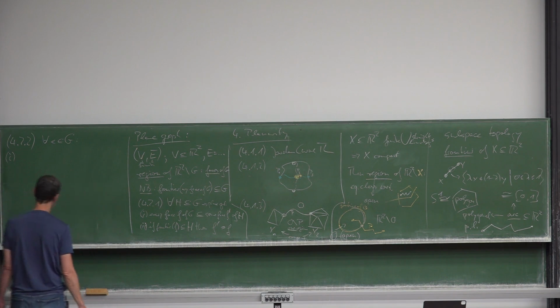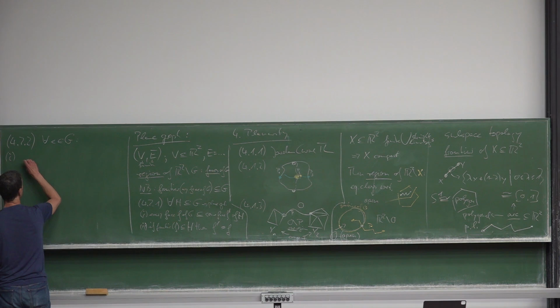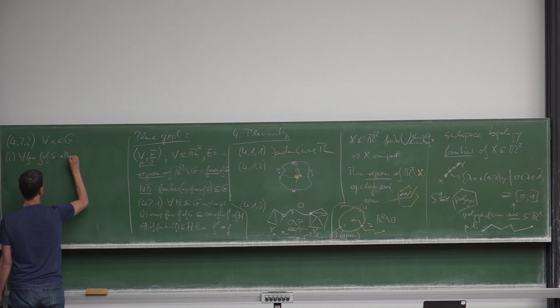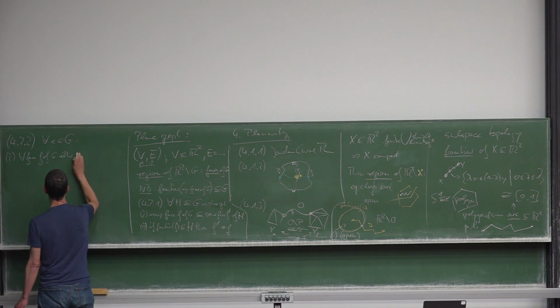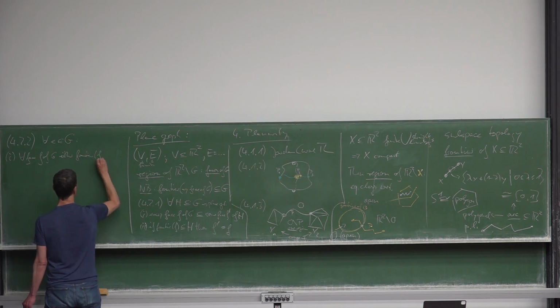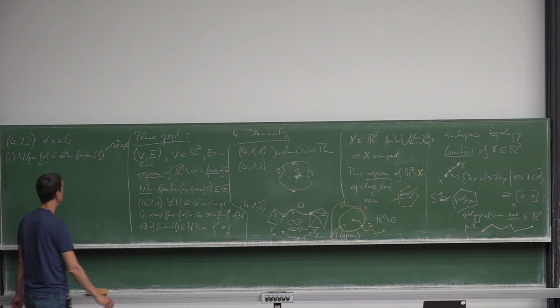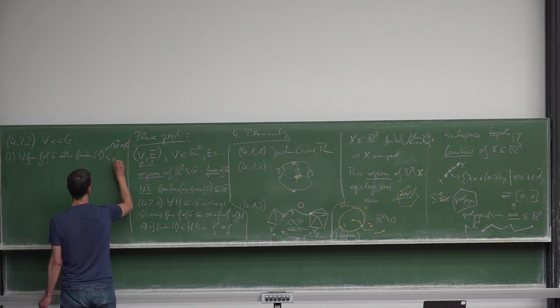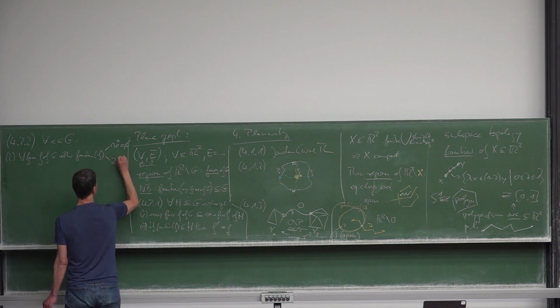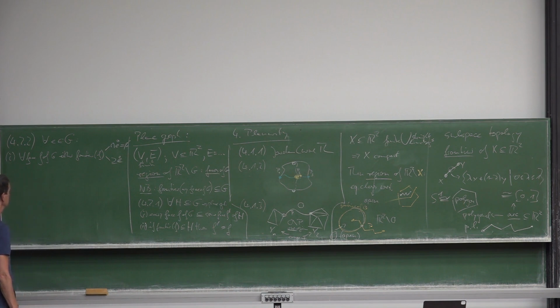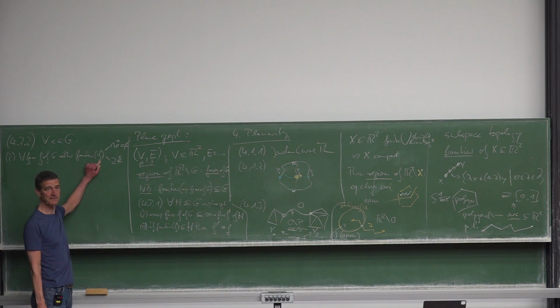The first is that for every face F of G, either the frontier of F doesn't contain an inner point of E, or it contains the entire interior of E. Right, so in particular, the frontier of F cannot be half of E.